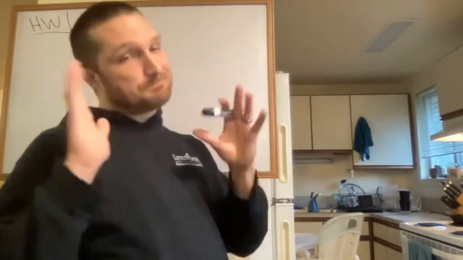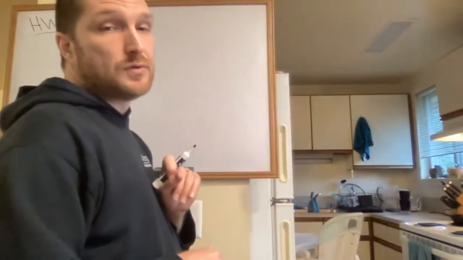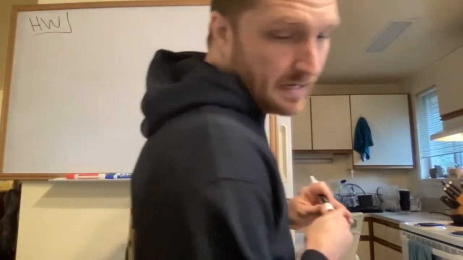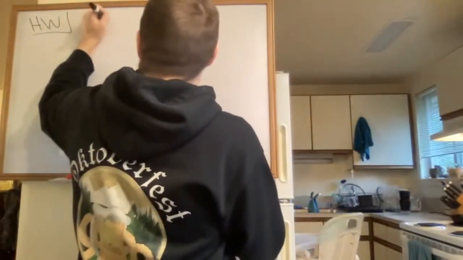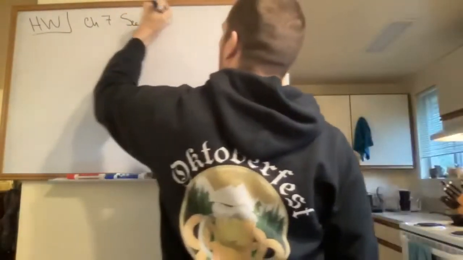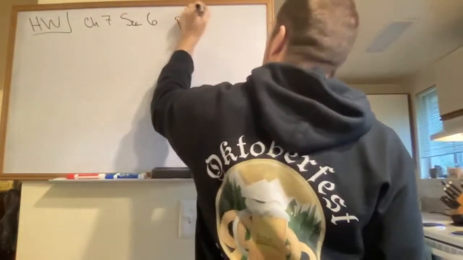And so have fun. Okay, here's your homework. This is all due on Monday. It's a total of 16 questions. This is chapter 7, section 6, on pages 319, 320.